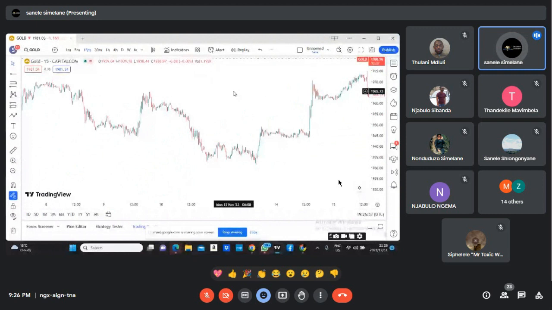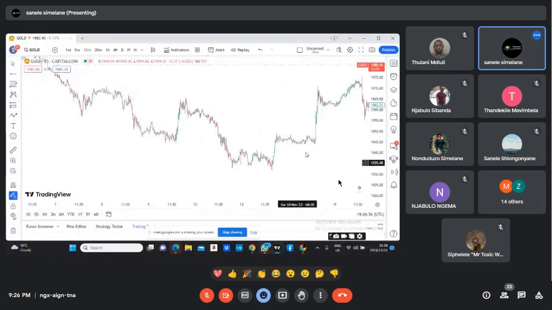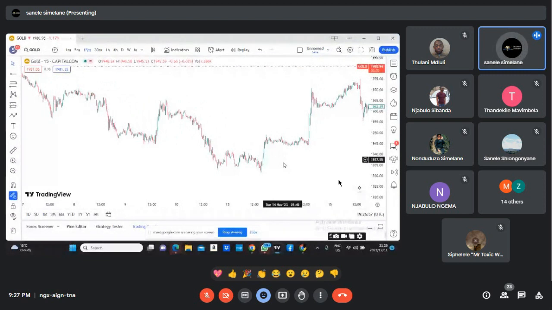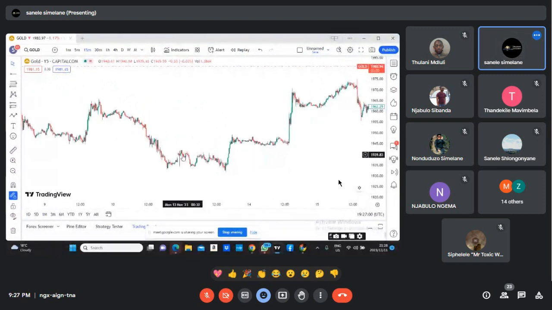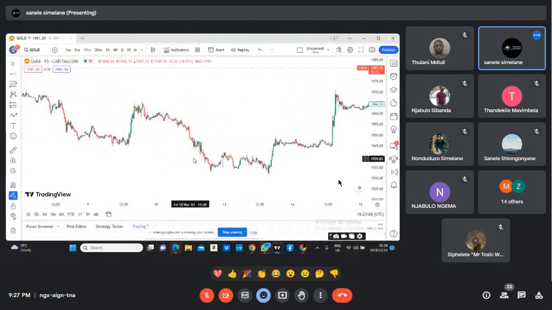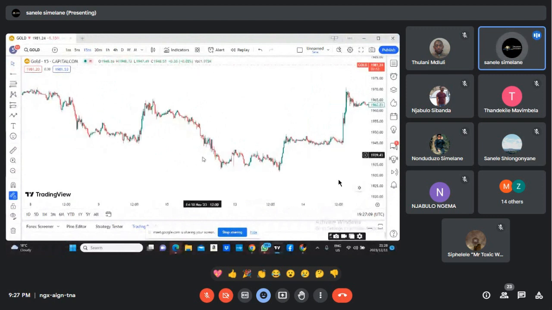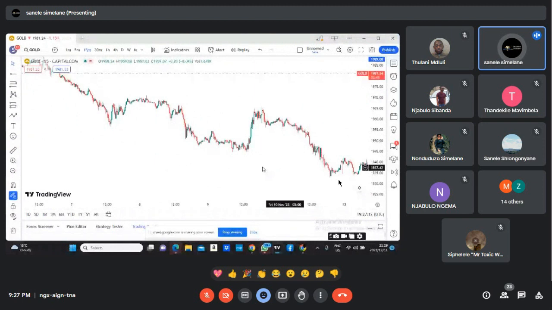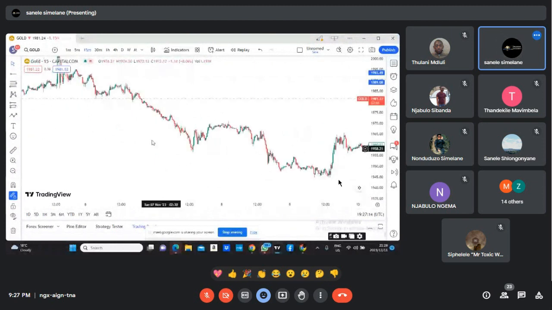Can you find two zones right here? Unfortunately, they aren't looking good, but we would have used this one and this one. So you only find these things that I'm talking about when the market is about to change direction.